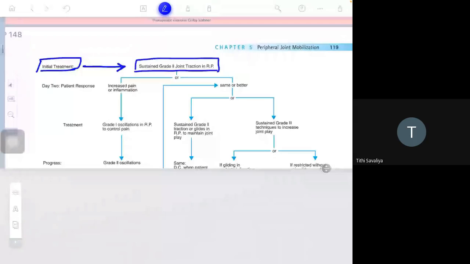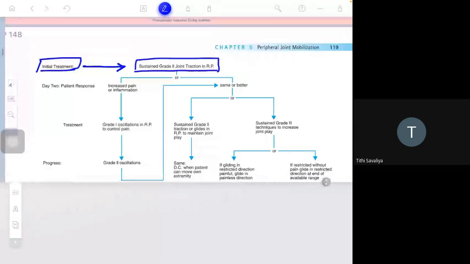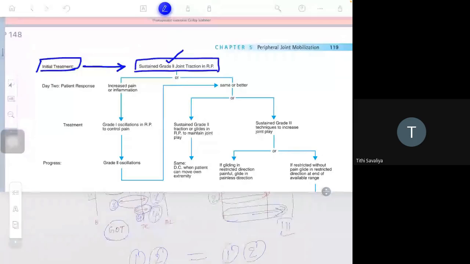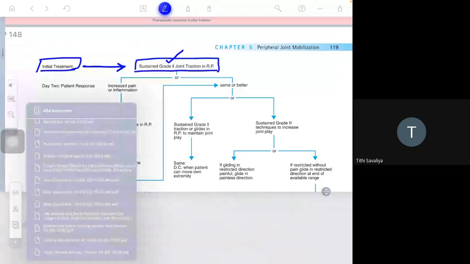See, it's a difficult topic. Try to concentrate, listen carefully. Initial treatment, that is, a patient is coming on the first day. What will you do? You will go for grade 2 joint traction in resting position. This point we already discussed.